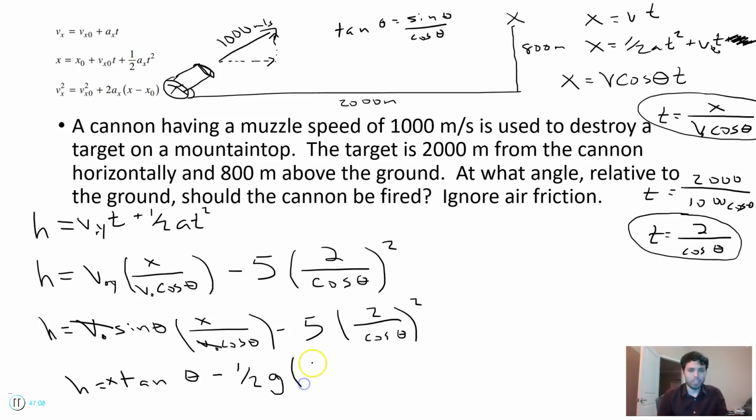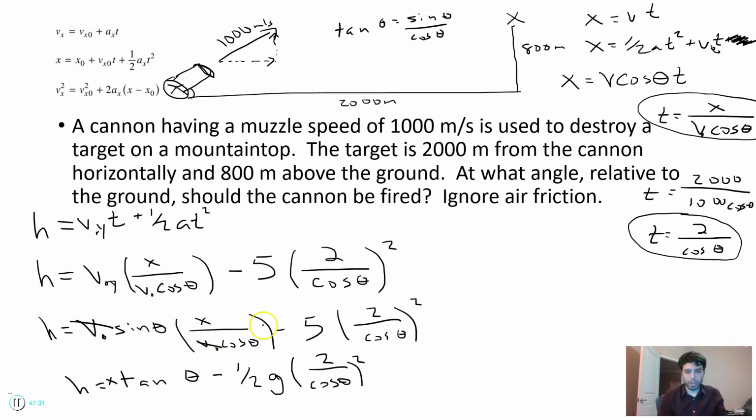So I'm going to replace that with 1/2 g, 2 over cosine theta squared. Okay, now we're actually kind of getting there. We're getting close. I've reduced this left side of the equation at least into x tangent theta. And again, we just have to know a little bit of a trick with that, because we know sine over cosine is tangent.